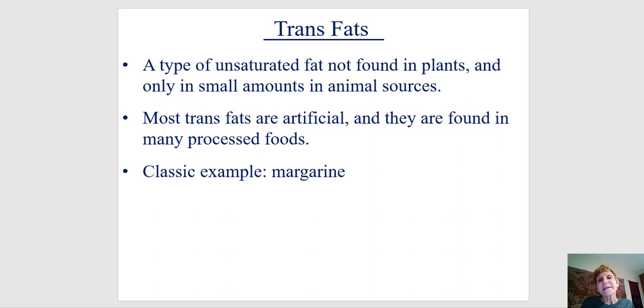And so there was a contest to try to get a substitute for butter that was lower in cost and actually was more stable at room temperatures or even warmer temperatures and didn't go rancid. And so what they did was they took vegetable oil, which was unsaturated, and they tried to make it partially saturated by adding hydrogen.